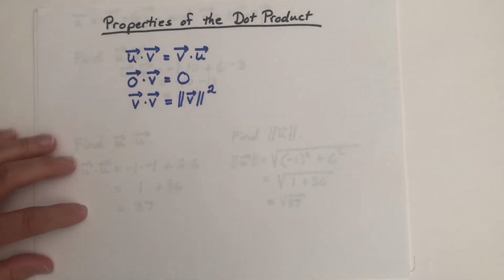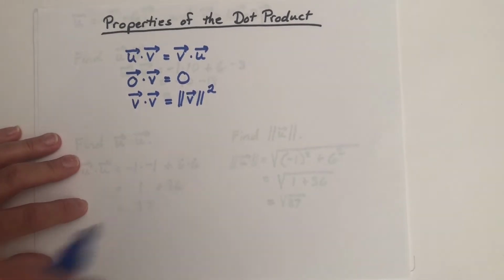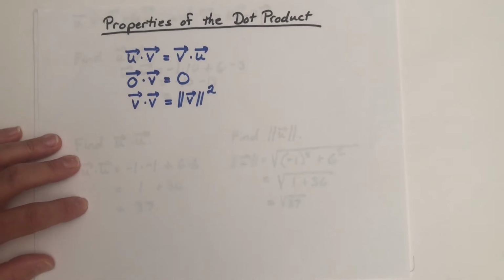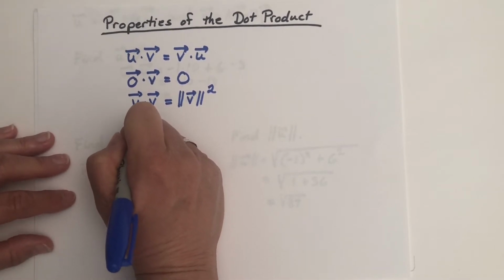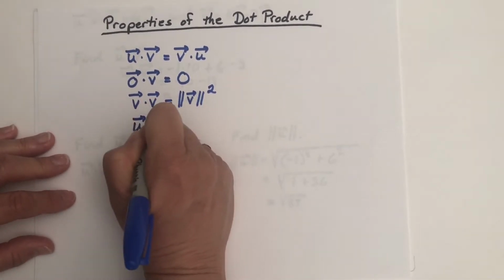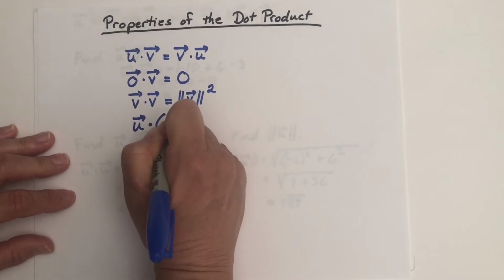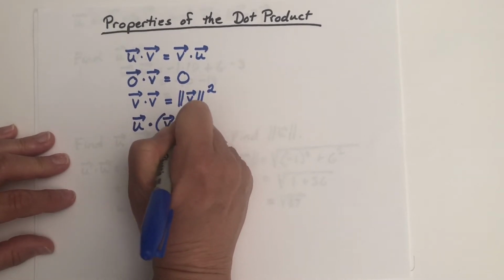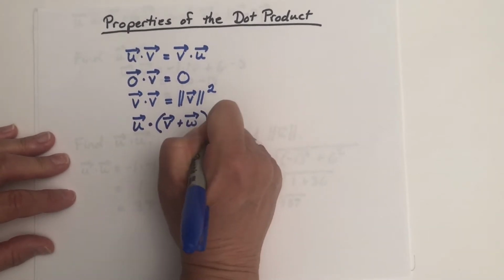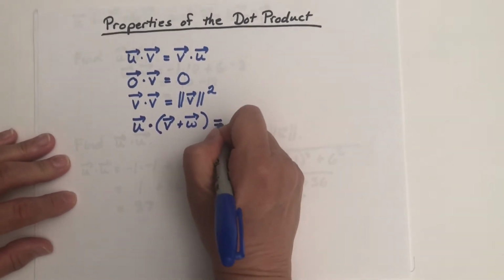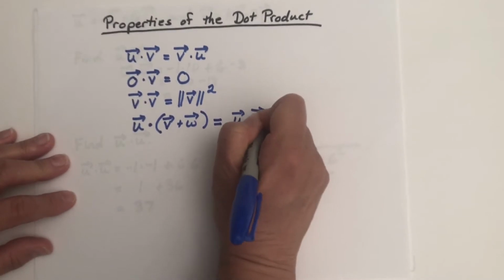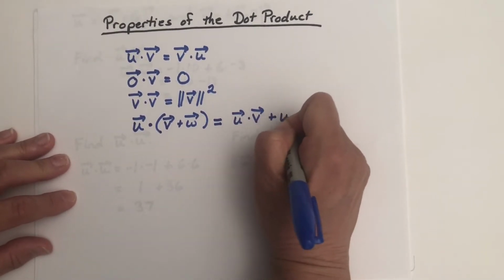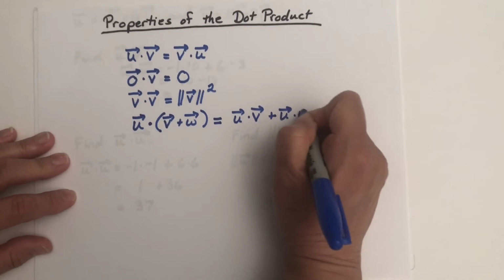And while we're listing properties, I'm not going to prove this one to you, but I will tell you, and I'm thinking you won't be too surprised. If you have a vector u that you dot with v plus w, in fact, we have u dot v plus u dot w.